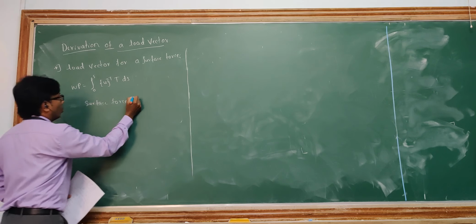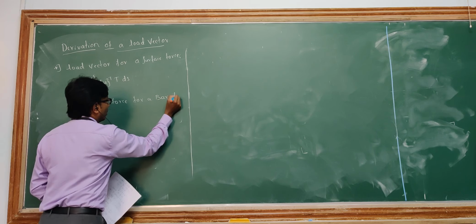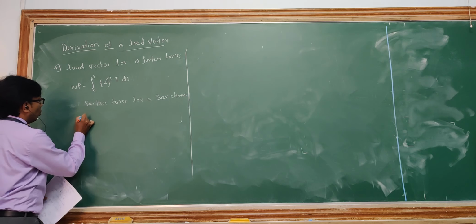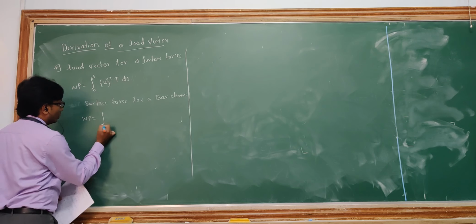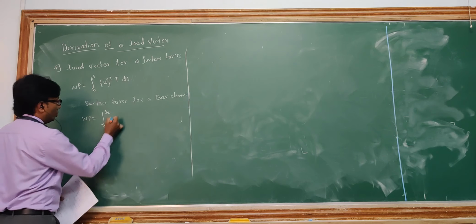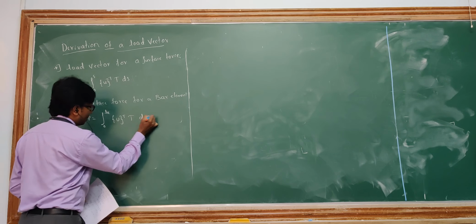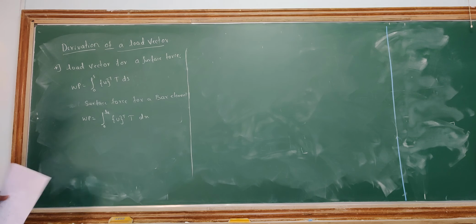for a 1D element or for a bar element, we will be writing the work potential as, now the limit changes from 0 to length, U transpose remains as it is, T into dx, the same procedure we have to apply now.